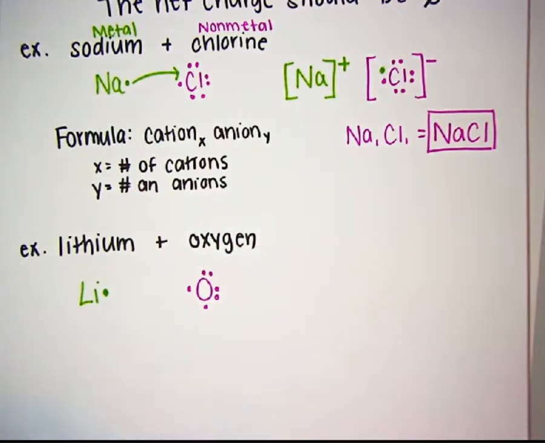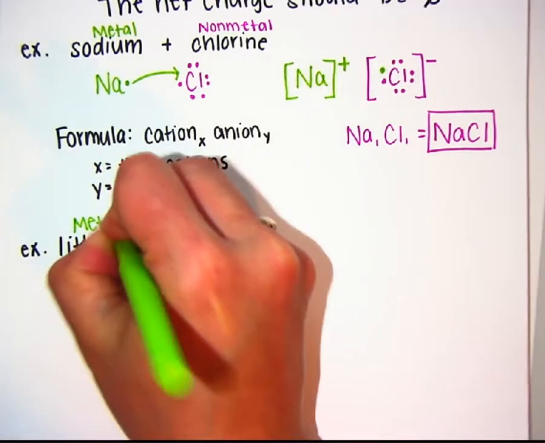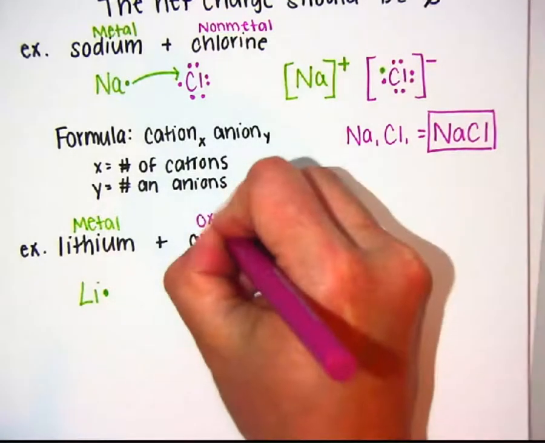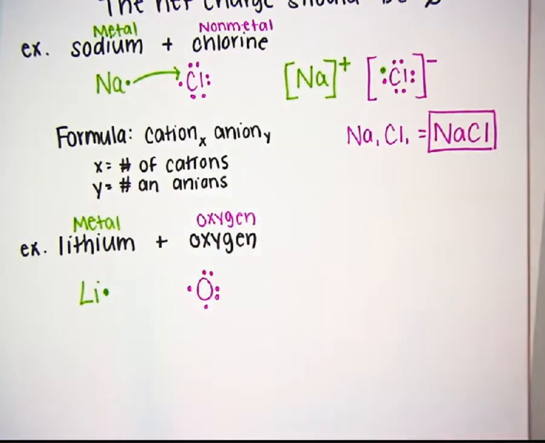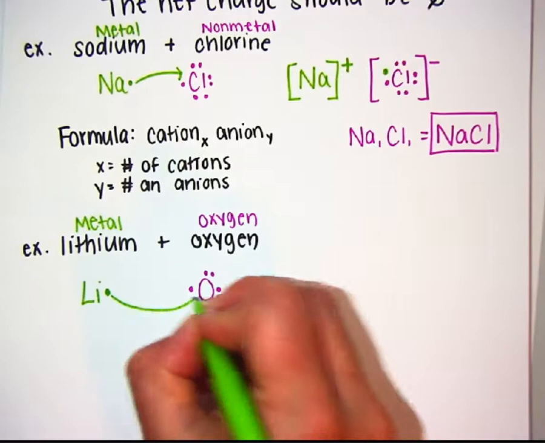Next, we're going to draw our arrow to show the transfer of electrons. Lithium is the metal. Oxygen is my nonmetal. We always draw our arrow from the metal to the nonmetal.